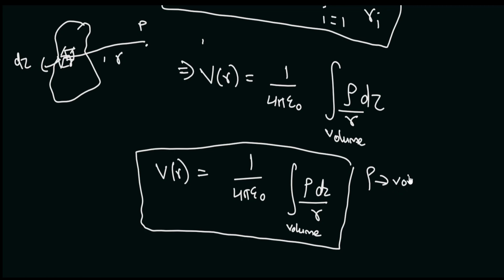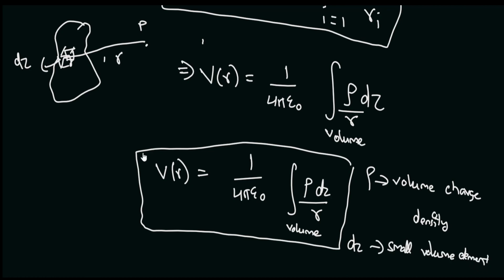Here rho is volume charge density, and d tau will be some small volume element. Now similarly, if the source charges were distributed on a surface, we could have used sigma for surface charge density, or if it was a continuous line distribution, then we could have used lambda for linear charge density.